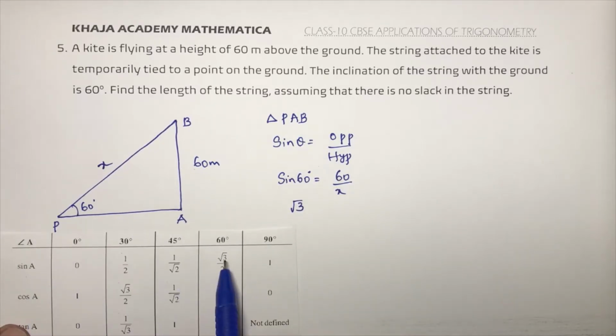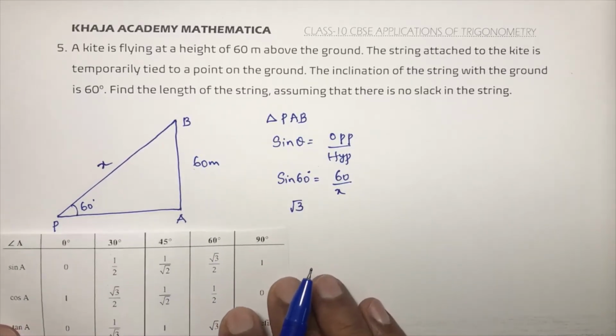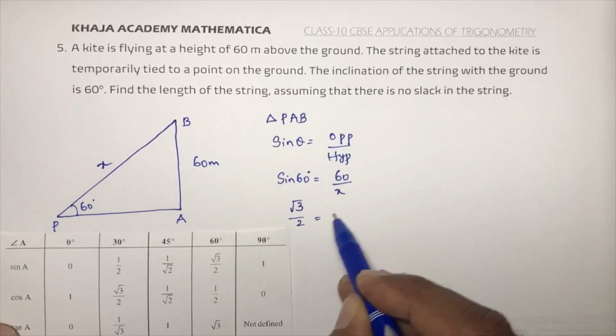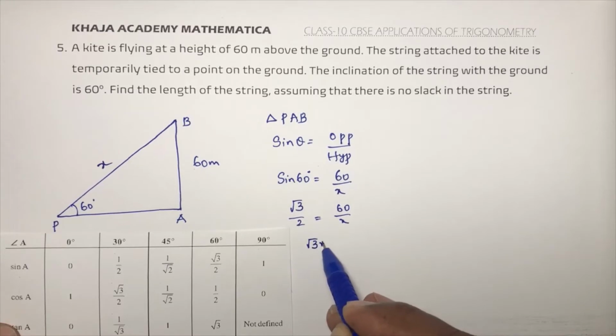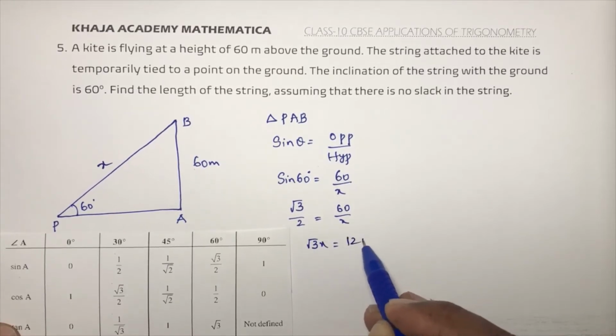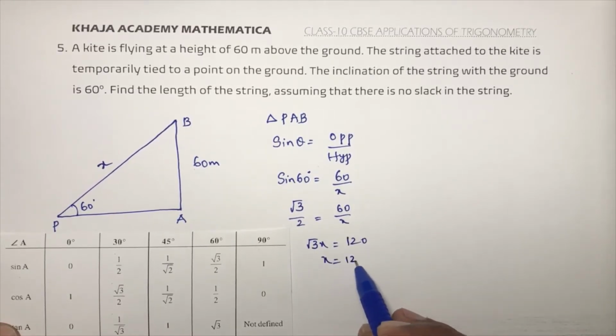Root 3 by 2 equals 60 by x. If you cross multiply, root 3x equals 120. X equals 120 by root 3. If I rationalize the denominator with root 3 by root 3, x equals 120 root 3 by 3. 3 times 1, 3 times 40.